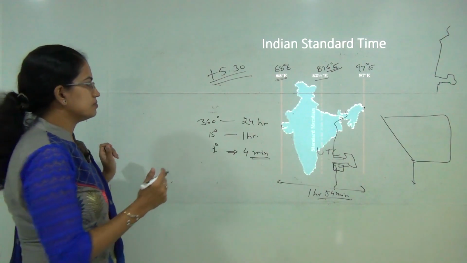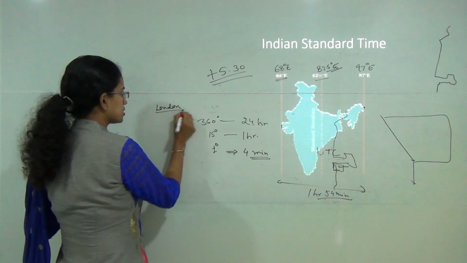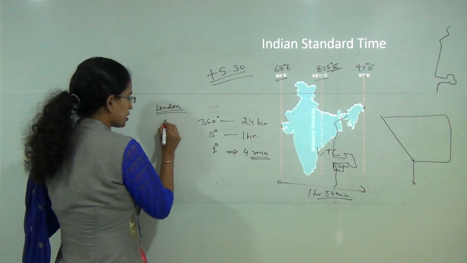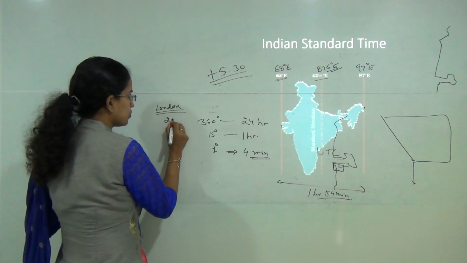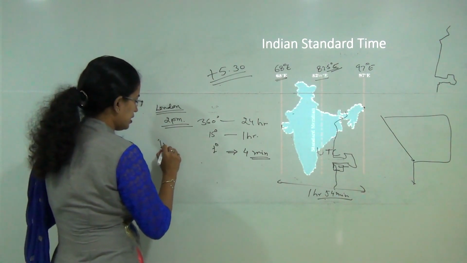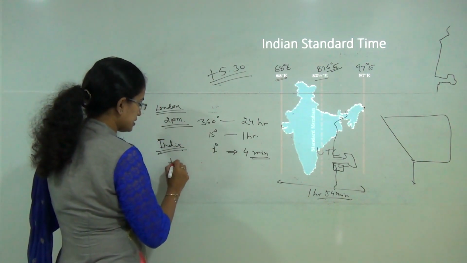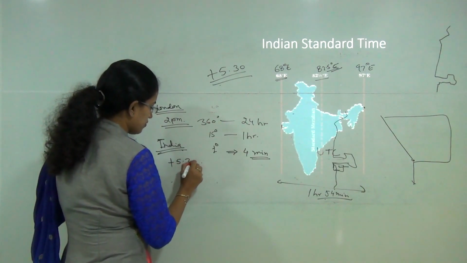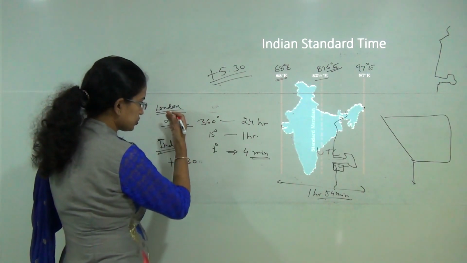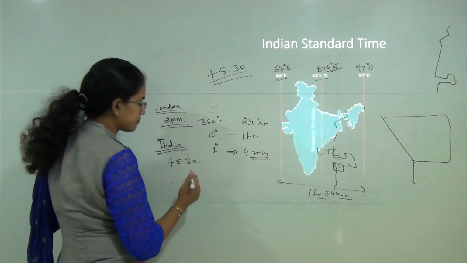So in simple terms, if in London at Greenwich the local time is, say, 2 p.m., the time in India at the same moment would be 2 plus 5:30, meaning to the 2 p.m. you would add 5 hours 30 minutes more.